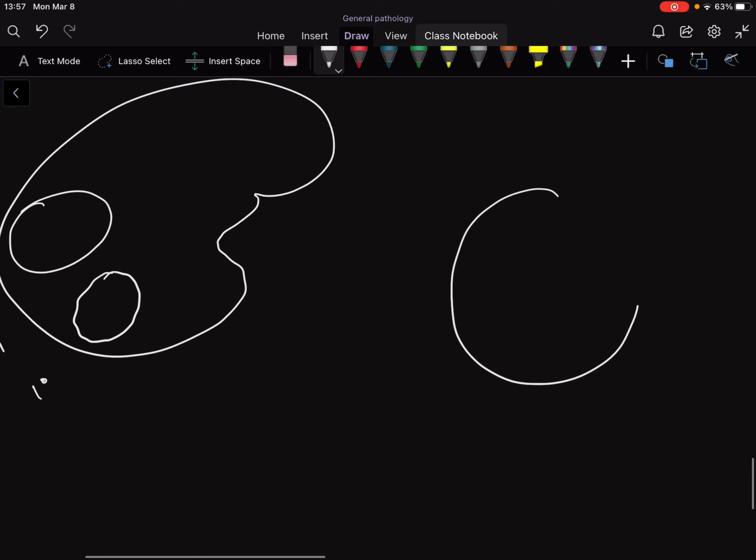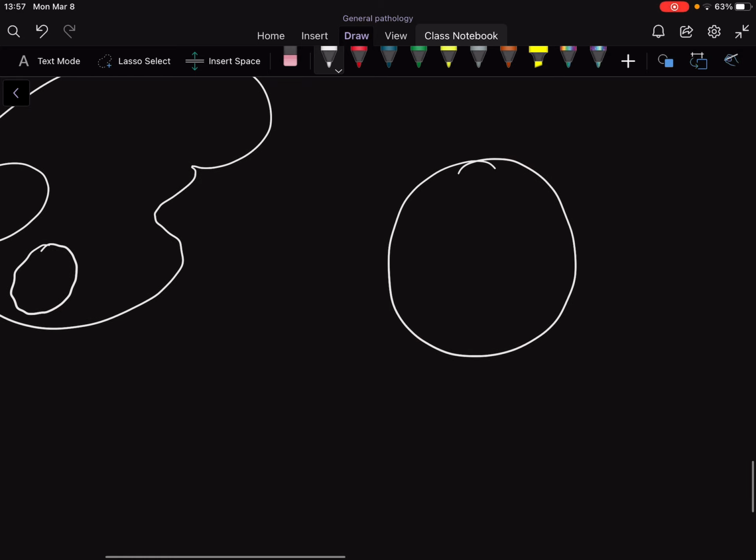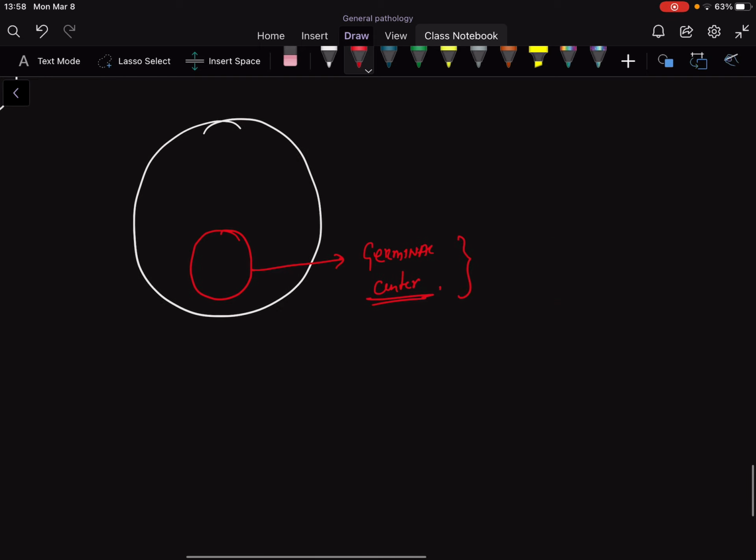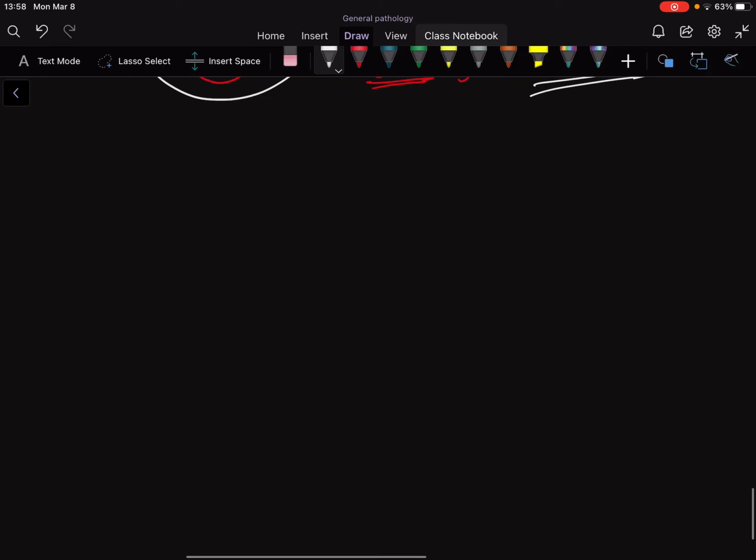So suppose this is the secondary follicle. In the secondary follicle there is a center, and this center is called the germinal center. In this germinal center you will find these follicular dendritic cells.